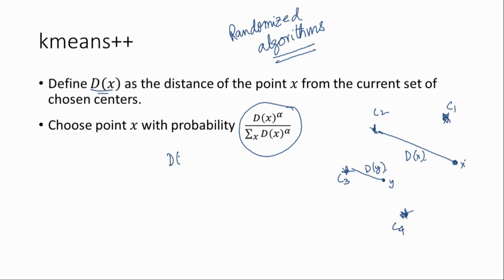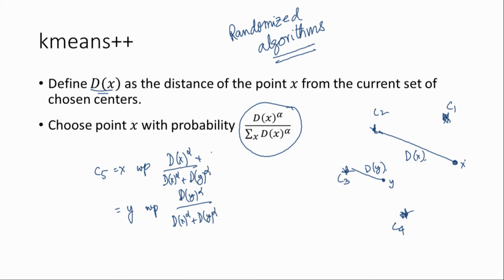Then the next center C5 equals x with probability d of x to the power alpha divided by d of x to the power alpha plus d of y to the power alpha, and C5 equals y with probability d of y to the power alpha divided by d of x to the power alpha plus d of y to the power alpha. If there are only 2 points, this is the probability distribution. If there are 10 points, then there are 10 such lines. So that's how we choose the next point. What is alpha? I'll come to that.